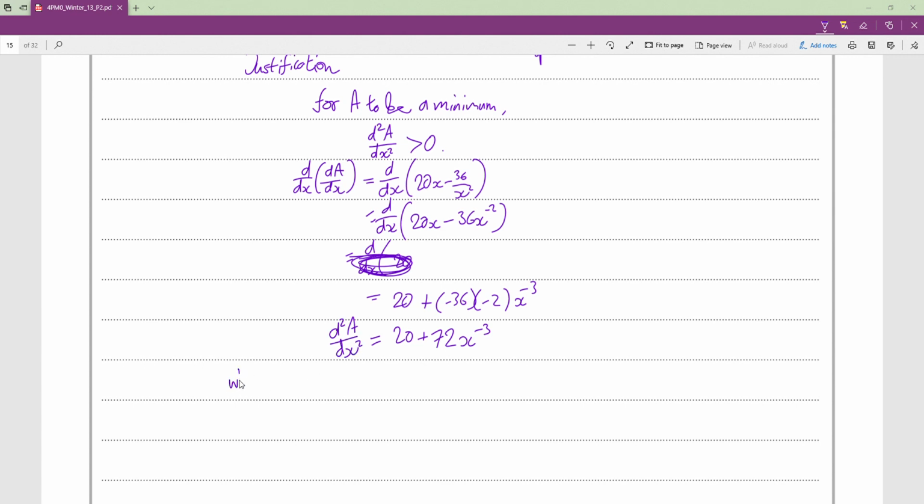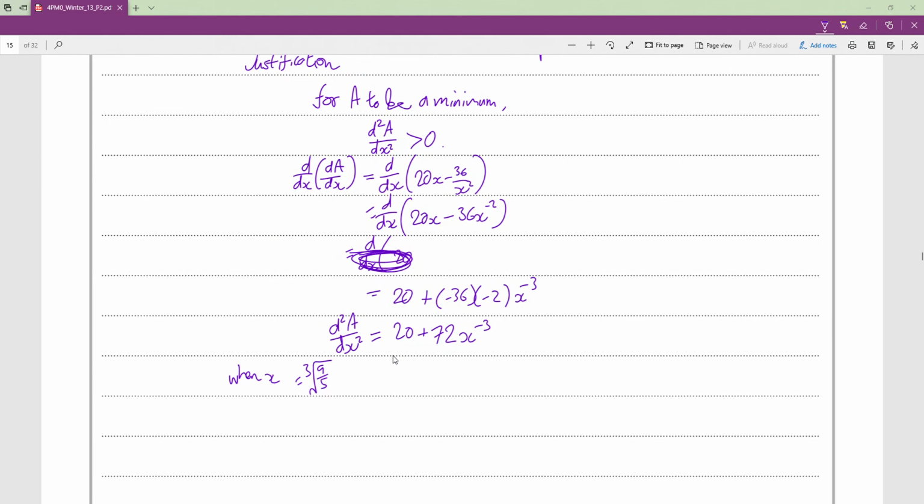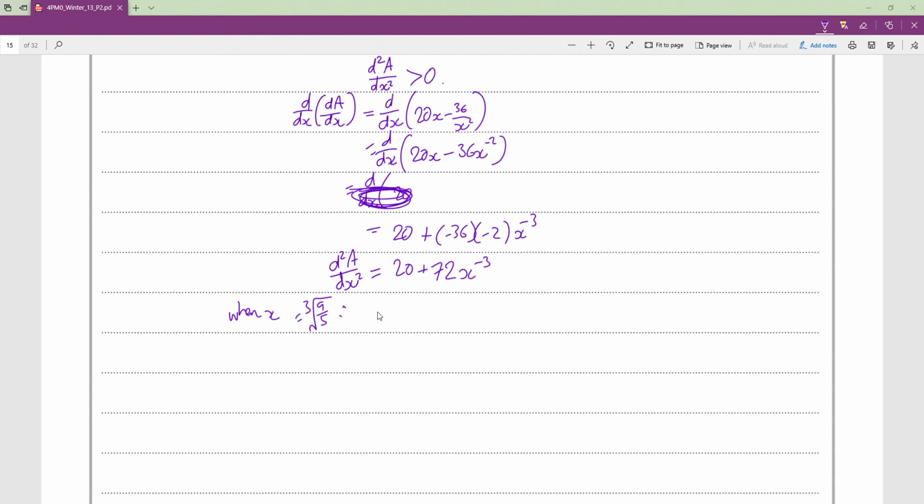And when x is the cube root of 9 over 5, as was found here, d squared A over dx squared is equal to 20 plus 72 over 9 over 5, which is equal to 20 plus 40, which is 60, which is greater than 0.